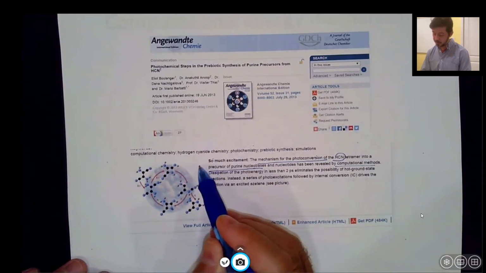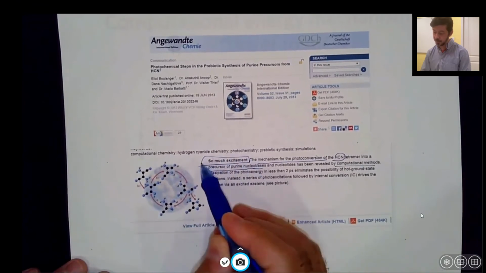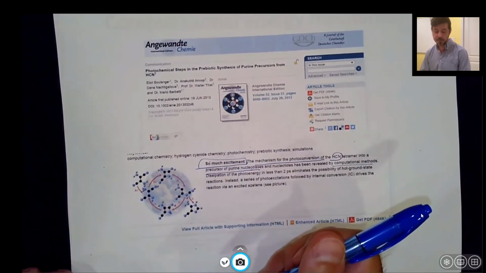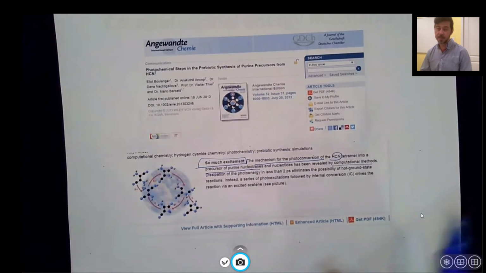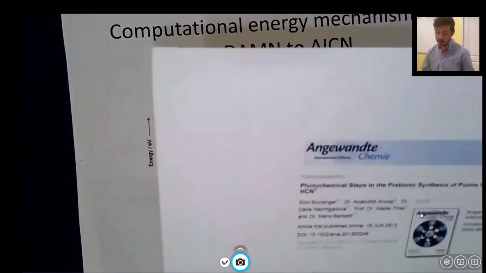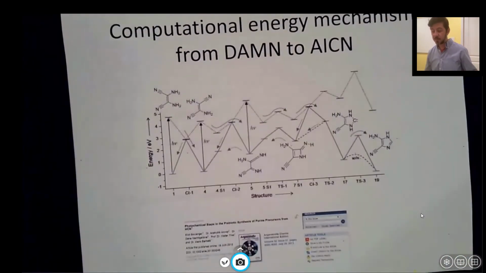No wet lab stuff was done. But this generated a lot of excitement because this is one of the first papers to show that you could have these key precursors like DAM, showing that this was an important precursor in the synthesis of those purines.